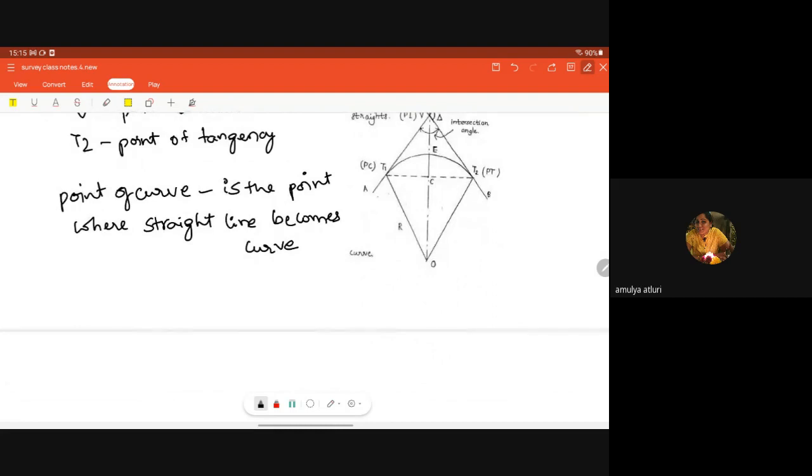Next, what is point of tangency? Point of tangency is the point where the curve becomes tangent.